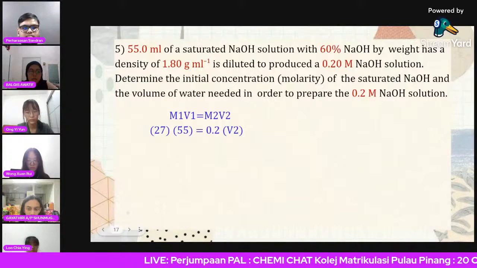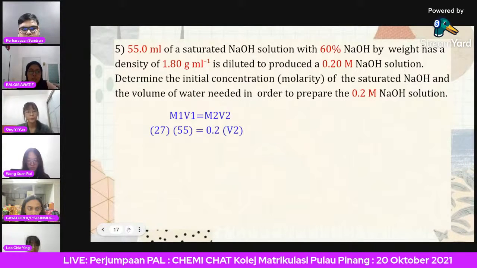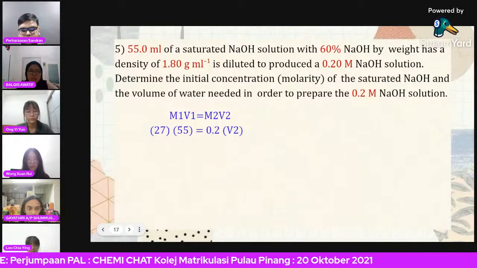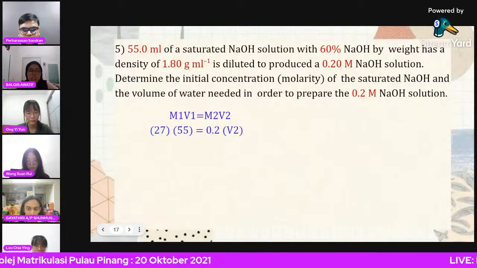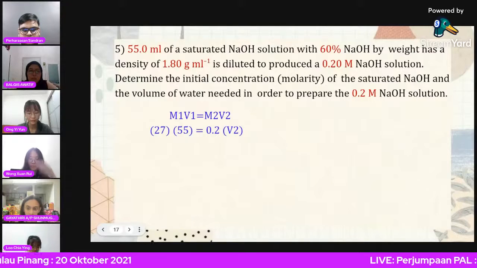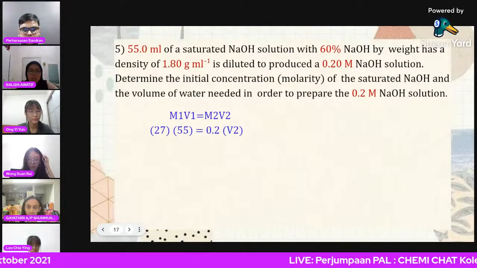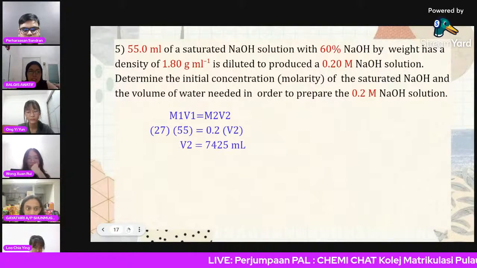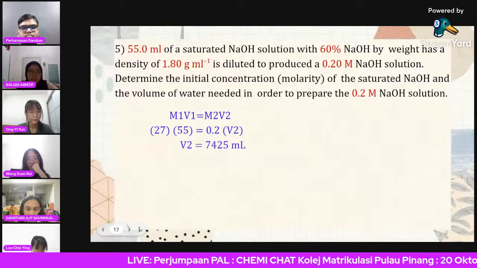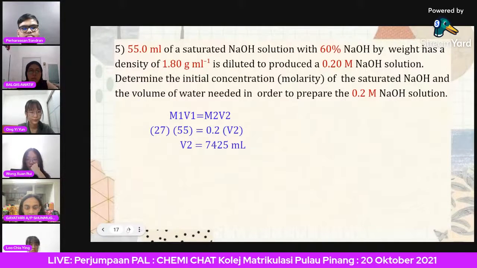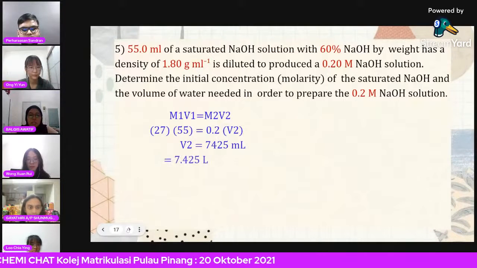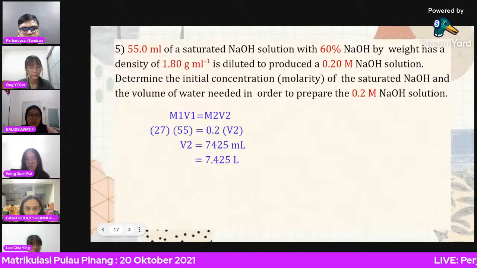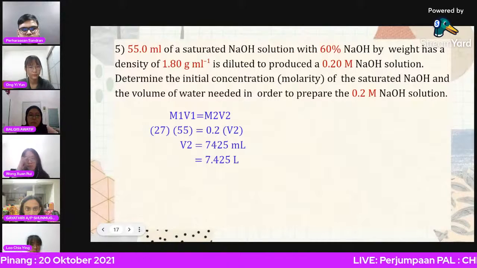We substitute the molarity 27 multiplied by volume 55 equals molarity 0.2 times V2, the volume we want to find. So we calculate, and for V2 we get 7,425 ml. Then we convert the milliliter to liter by dividing by 1,000, and we get a volume of 7.425 liter.